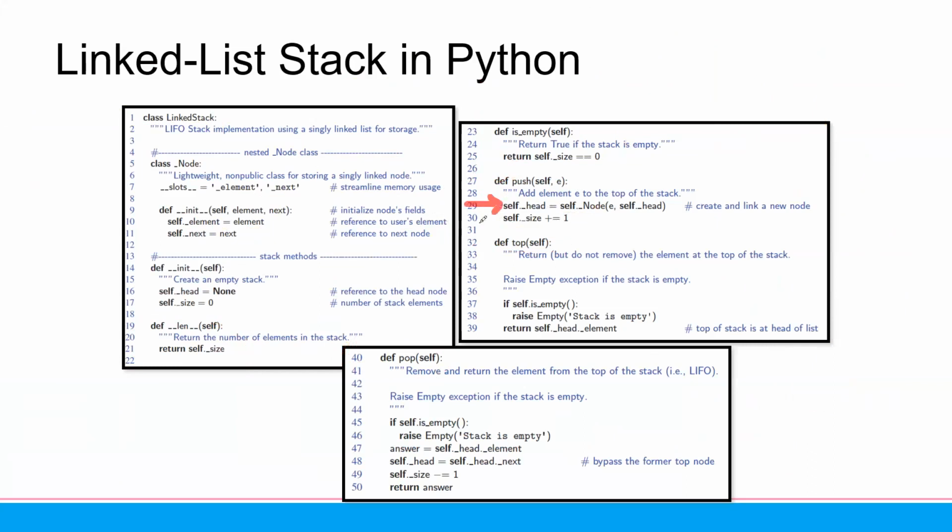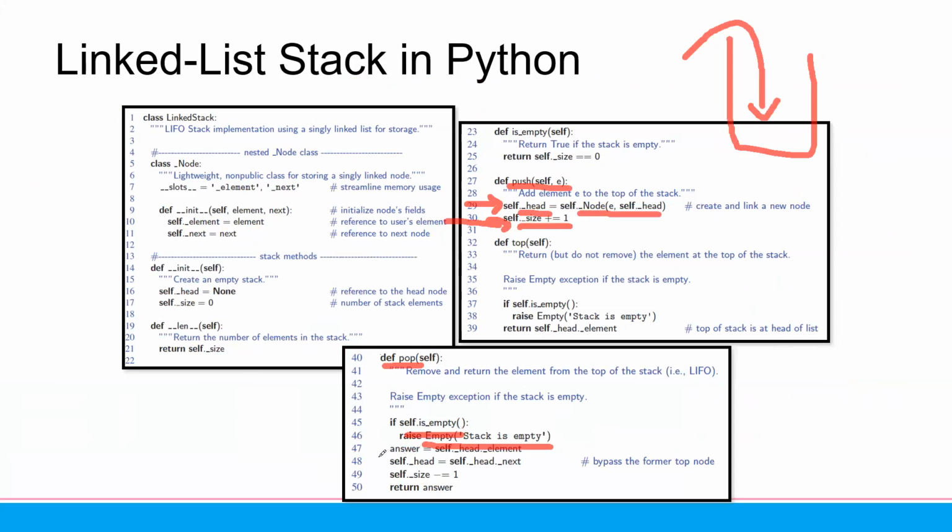statement. For example, if I push into the stack, it means I will update the head. So the head now becomes the new node, and the size will be incremented. If I pop, it means I will check whether it is empty or not. If it is empty, then it will give you some error message.